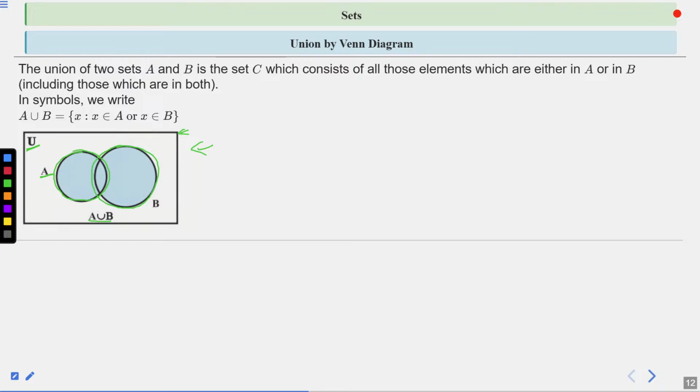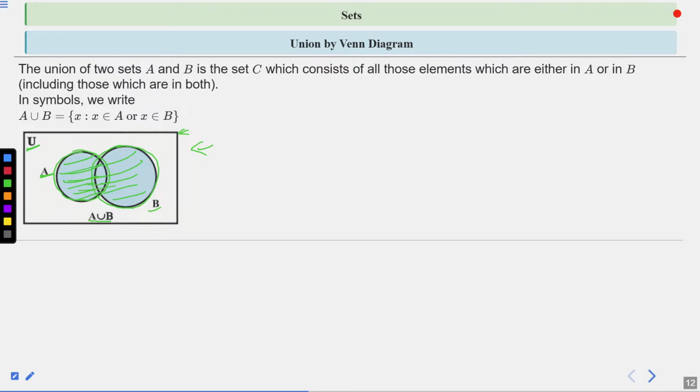Now, A union B gives what? By definition, you are creating a set in which you are collecting all elements from A as well as from B. Meaning you are shading this complete circle as well as this complete circle for B. So you are getting your whole area shaded.